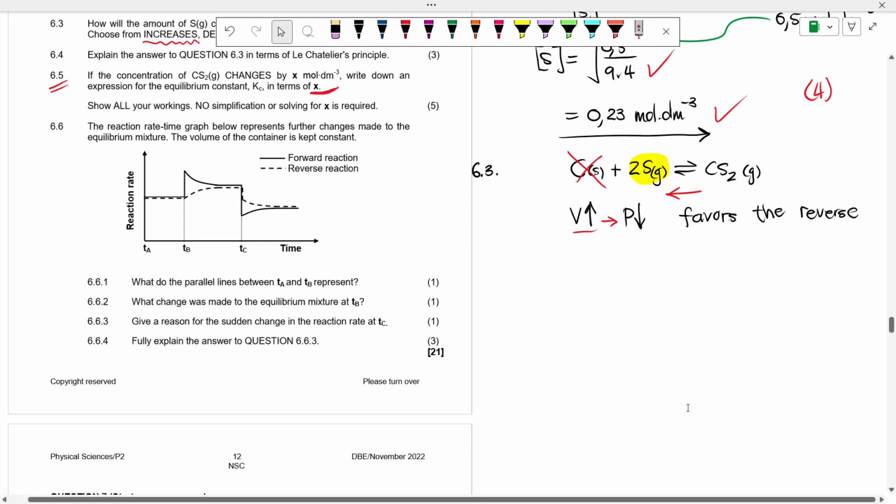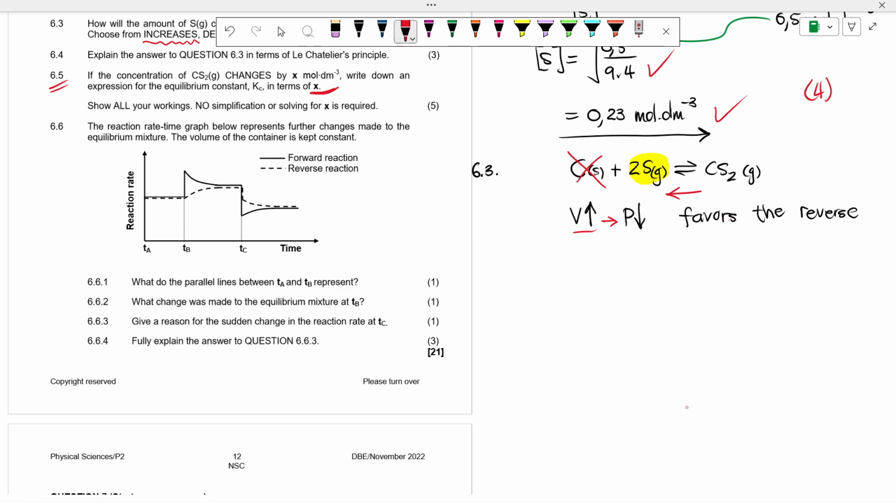6.6 says the reaction rate time graph below represents further changes made to the equilibrium mixture. The volume of the container is kept constant. So you see here they give us the reaction rate time graph. What other graph could have come in a different exam?